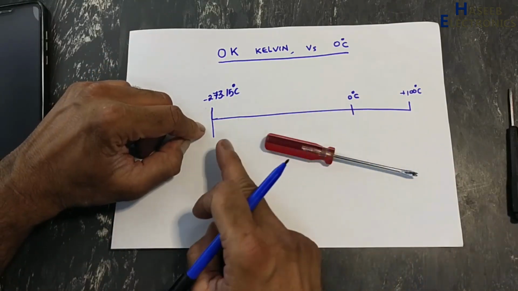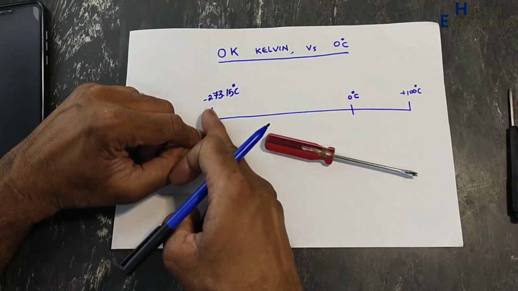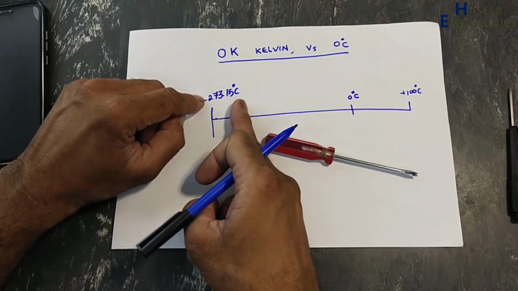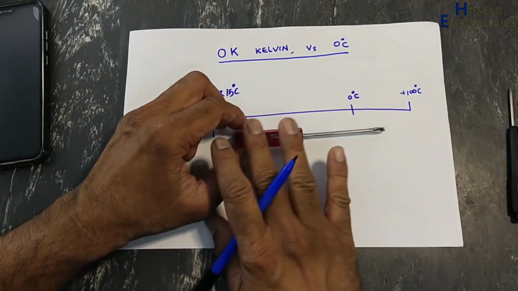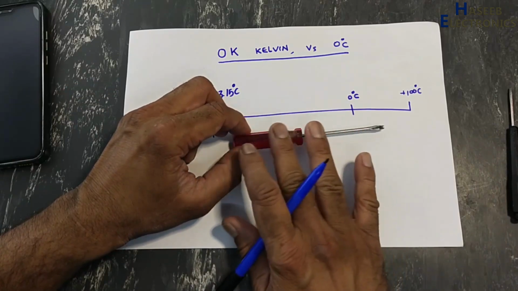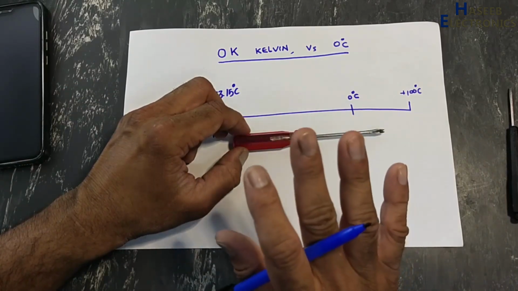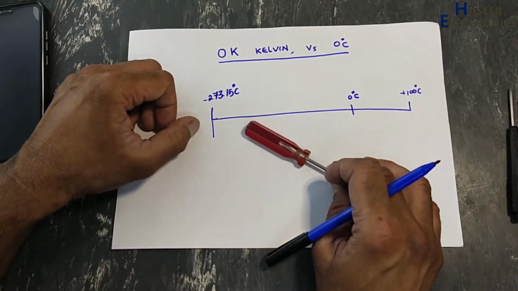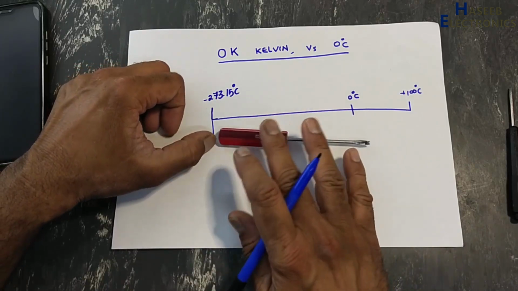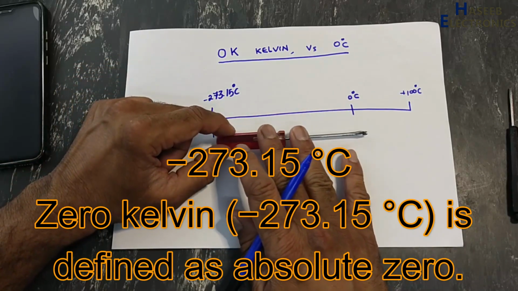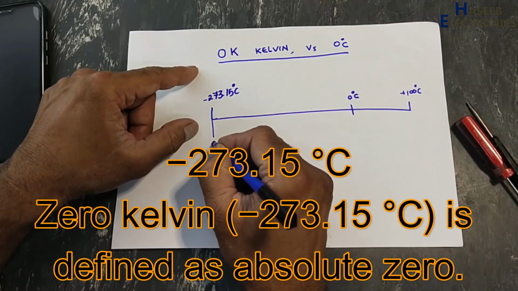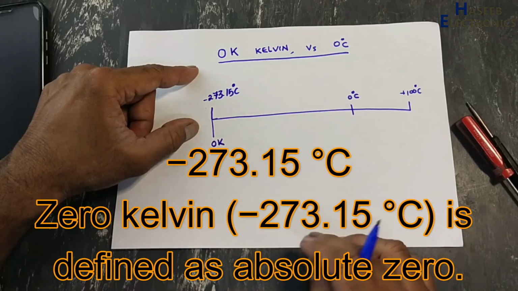When we cool down to minus 273.15 degrees centigrade, we cannot see this object in a thermal imaging system. So that is the lowest temperature, where it will not generate any heat energy. It is called 0 K, 0 Kelvin.